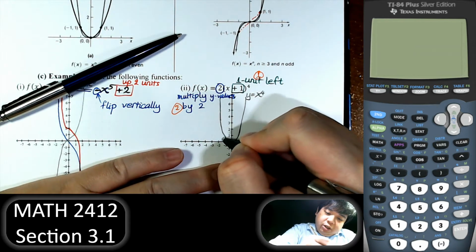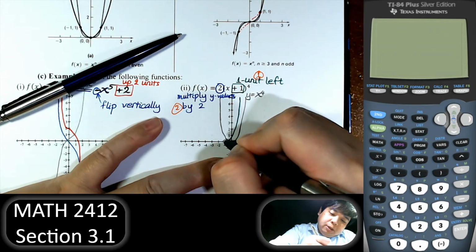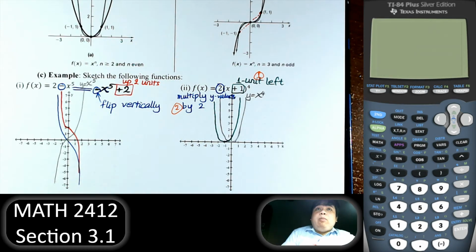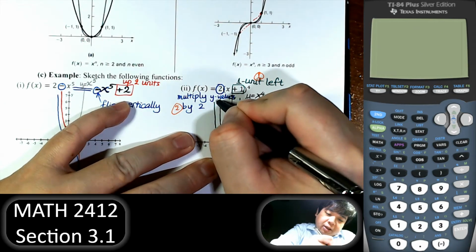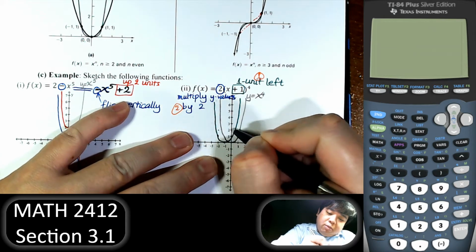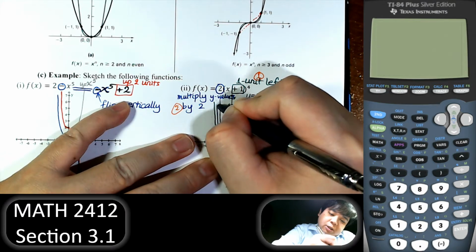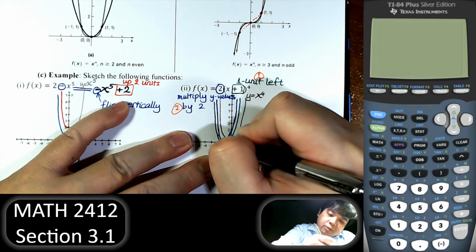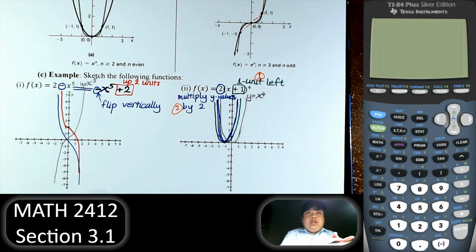So we move 1 unit to the left, and then we multiply the y values by 2. Whatever the y value is, we multiply by 2. So 1 unit to the left, and then stretch it vertically.